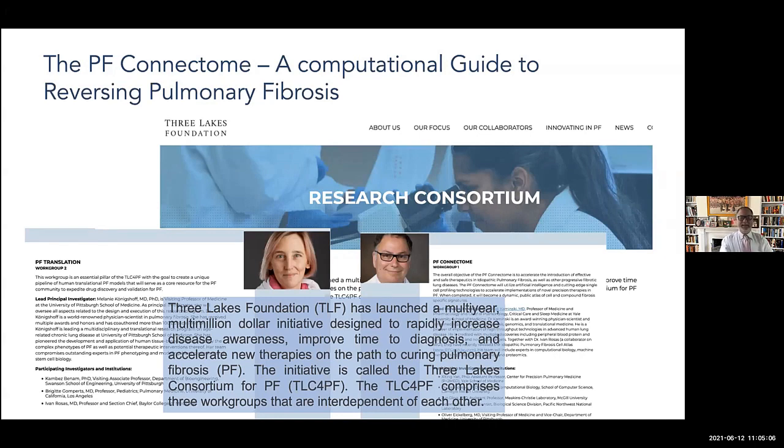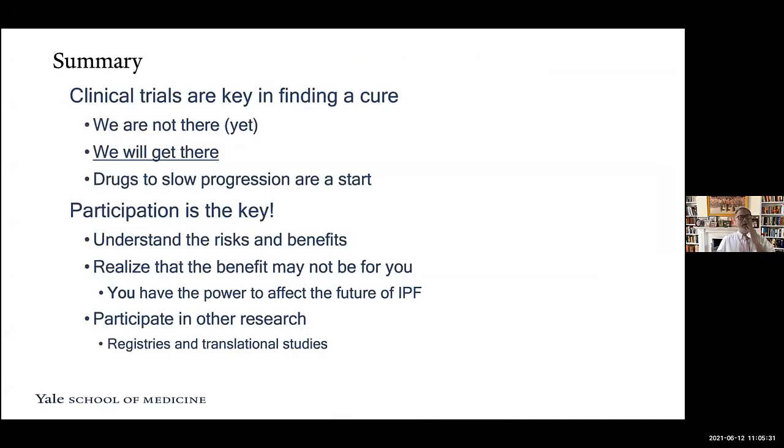Basically the idea is that we would accelerate finding new drugs for pulmonary fibrosis, and we want to focus on drugs that have already been in humans and are safe, so we could do the same thing that we did with sarcatinib, and within 2 to 3 years have at least 3 more drugs in trials.